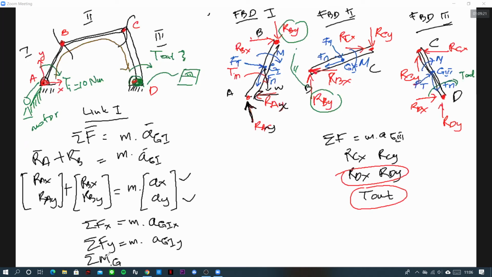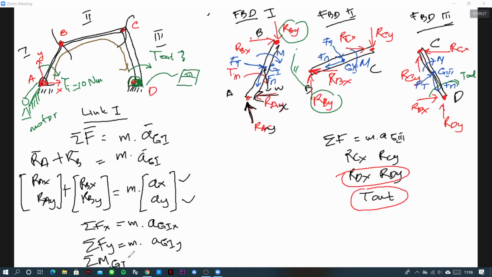Okay, so let's say if this is with respect to G1, so here we have M, sorry, I times alpha.